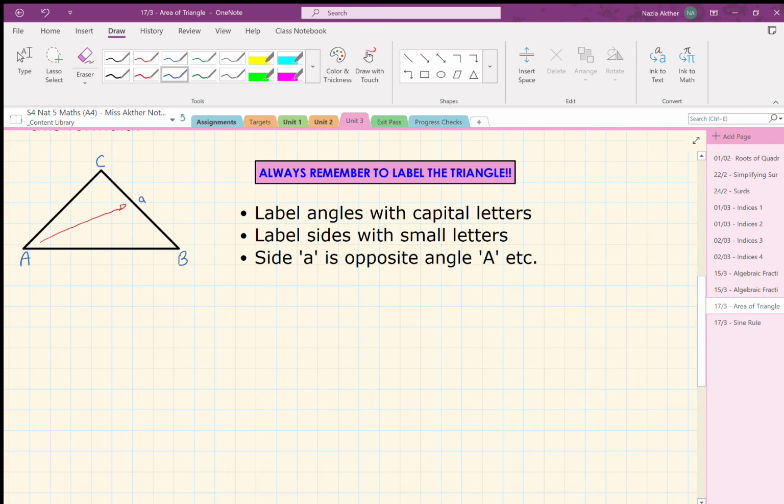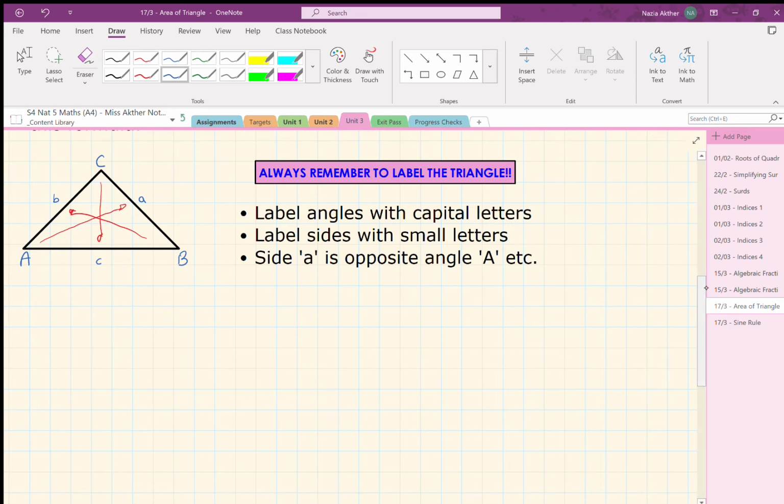Same with this side here, because this side is opposite the angle B, this side will then be labeled as b. And then finally, this side here, because it's opposite the angle C, we label this side with the small letter c. Okay, and that is how you label the sides and angles of any triangle.